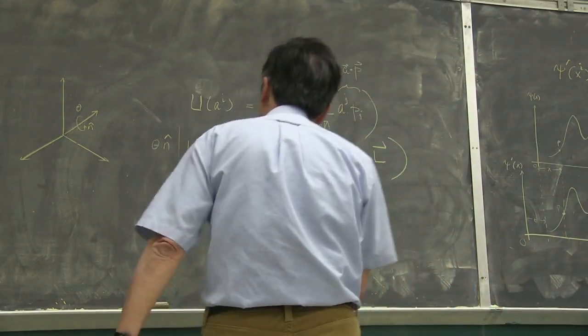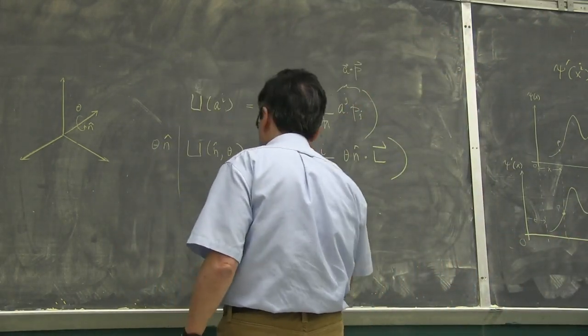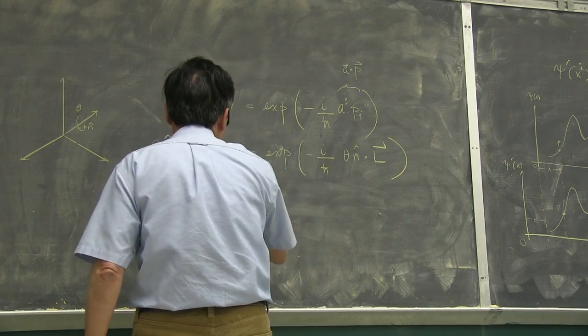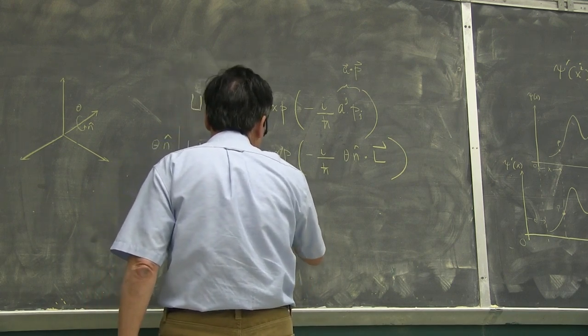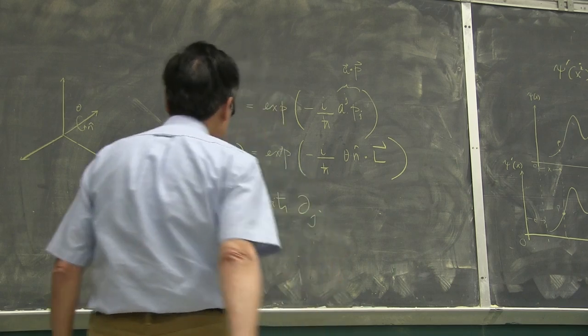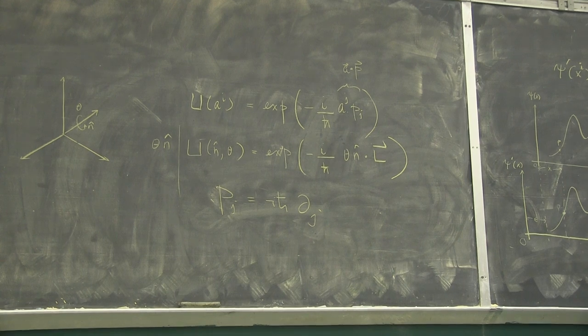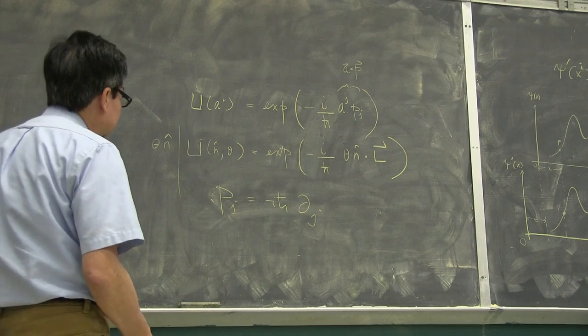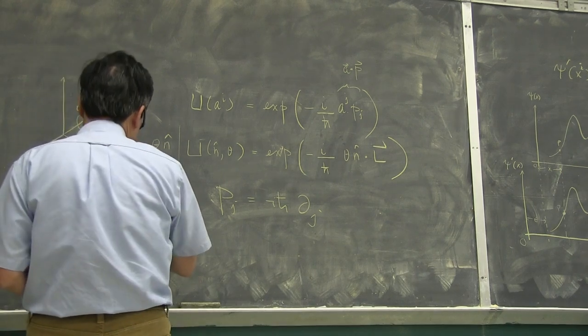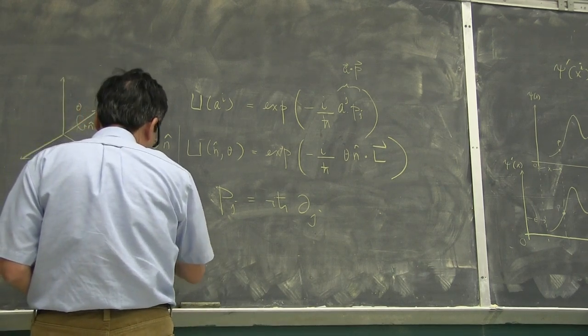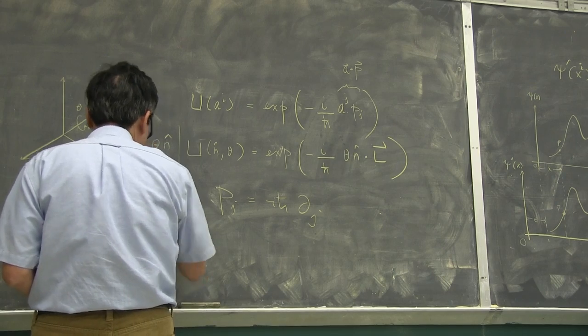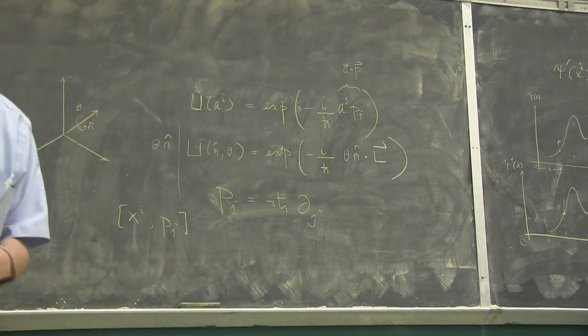Now, before we go on to the angular momentum, let me just say something about the p first. The p is defined so that p_j is minus i h bar d_j, right? Because now in quantum mechanics, the p is no longer a number, but an operator. Then x_i and p_j as operators do not commute.